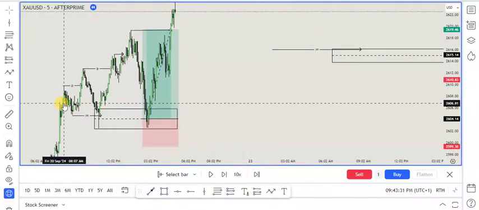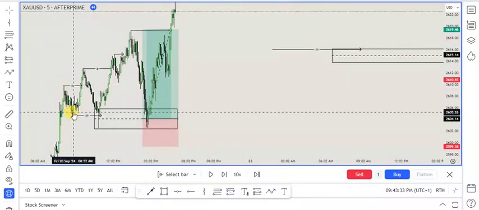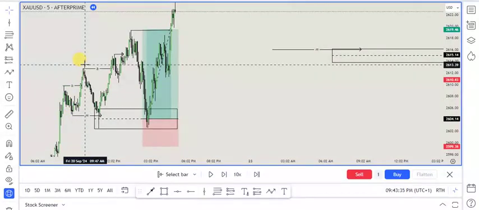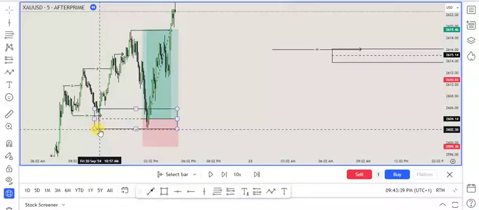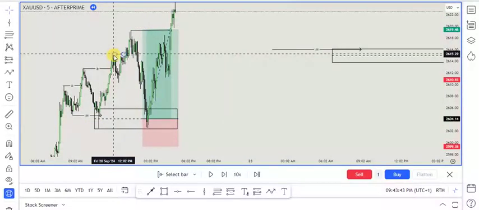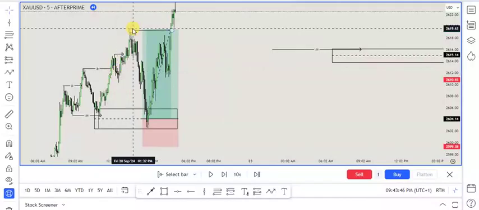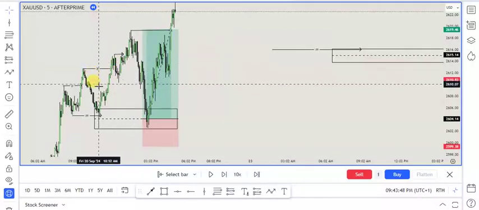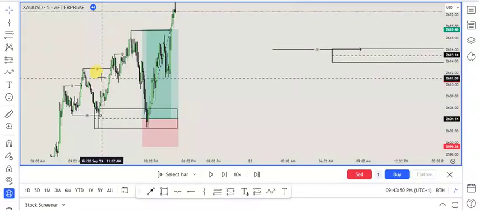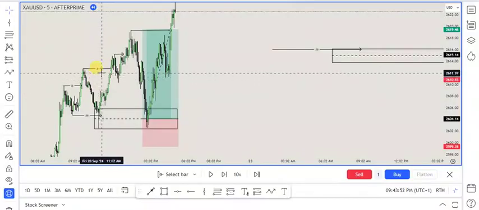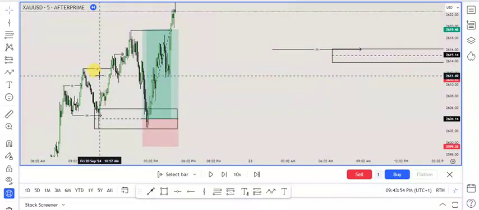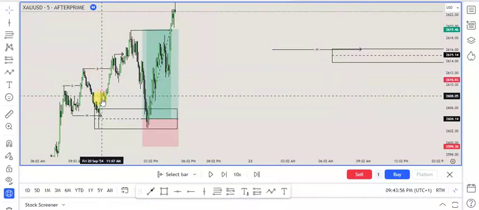Price was bullish, right? Higher high, higher low, higher high. Then we see a manipulation, then a break, then the second break, right? Now inside here, what happened?